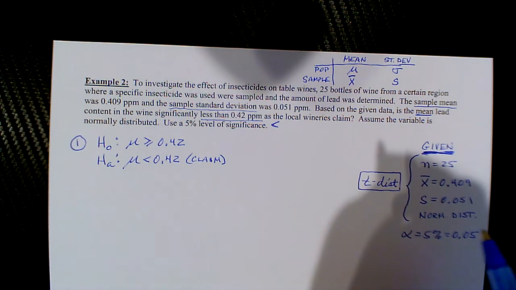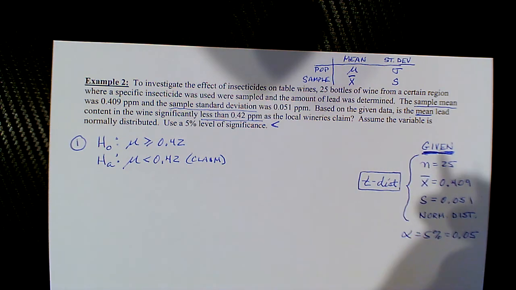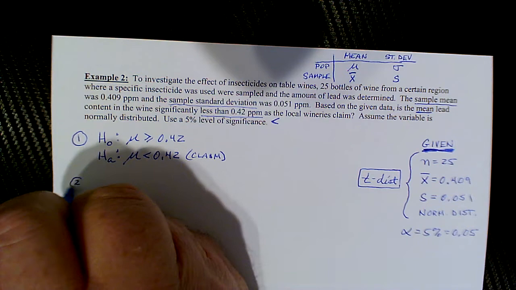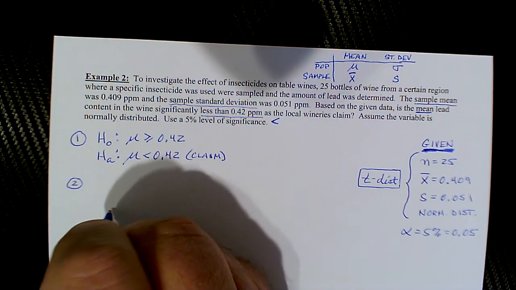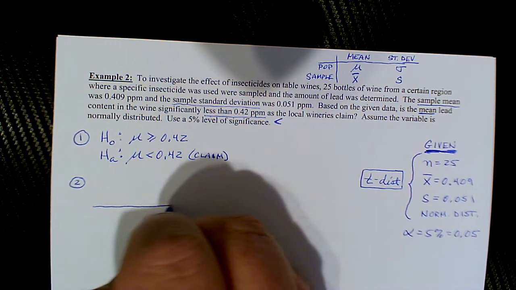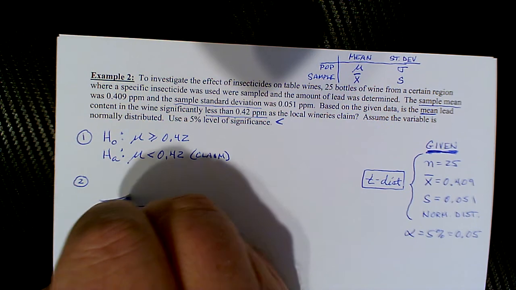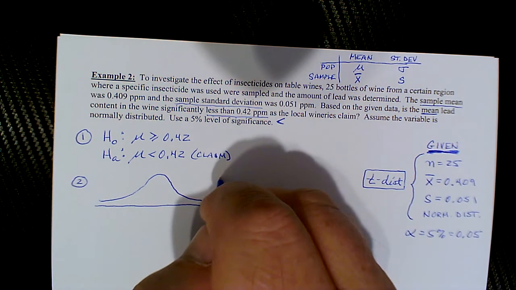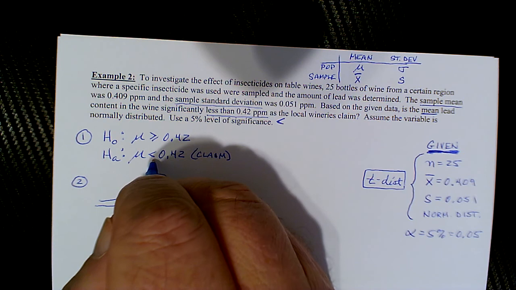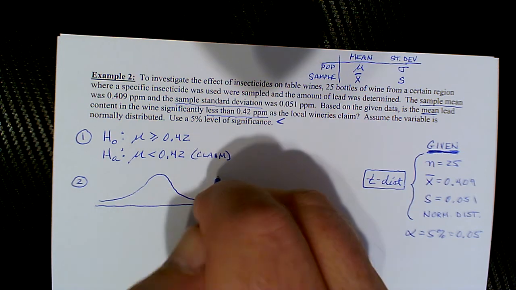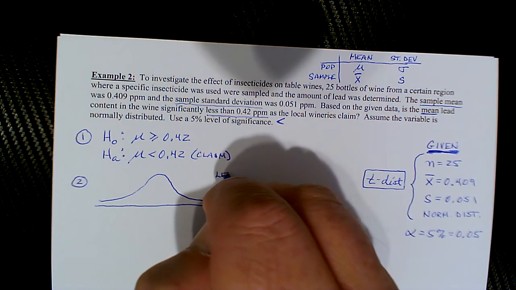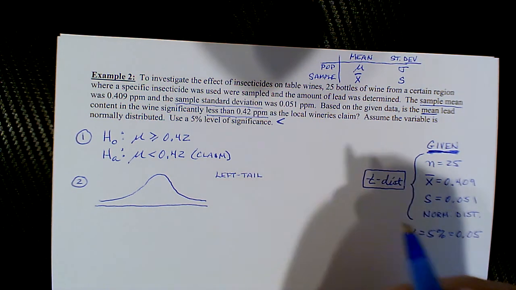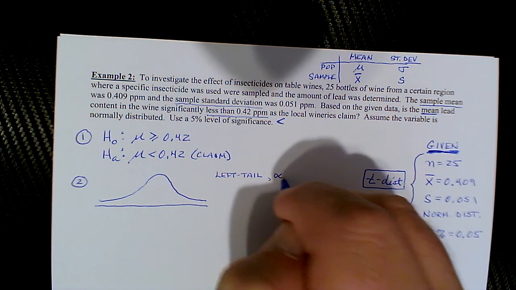Alright, the second step is to find the critical value. So we're going to draw a distribution. And note that because the inequality in the alternative hypothesis is less than, it's a left-tailed test. I'll restate the fact that alpha is 0.05.